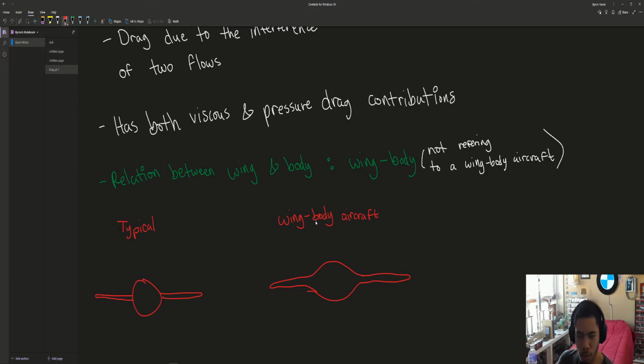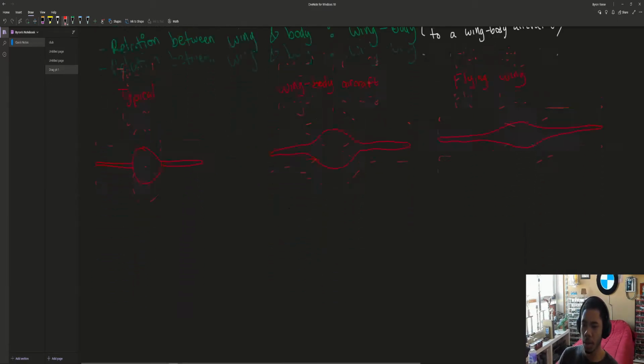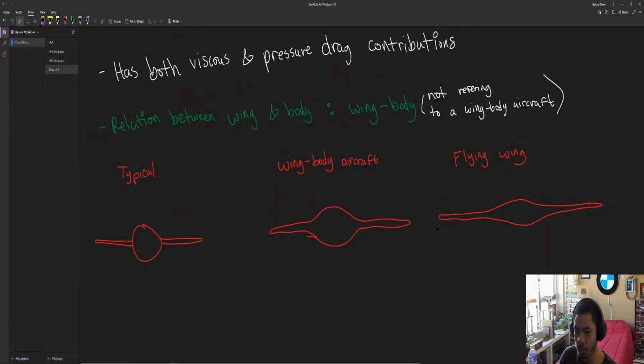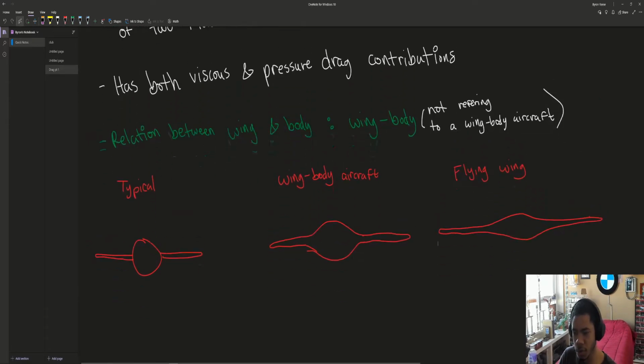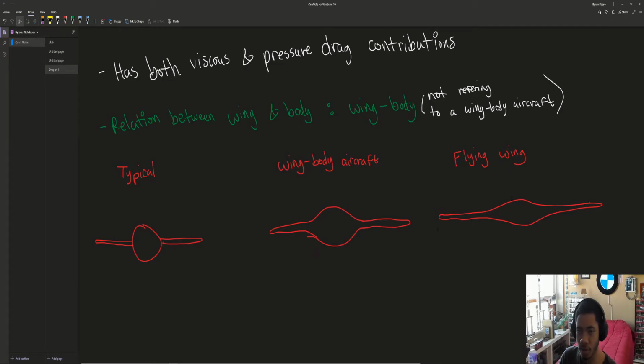And then your flying wing is essentially just... there you go. It's similar, but hopefully you can see what I'm trying to get to here. The fuselage is very much noticeable on the wing body compared to that of a flying wing.